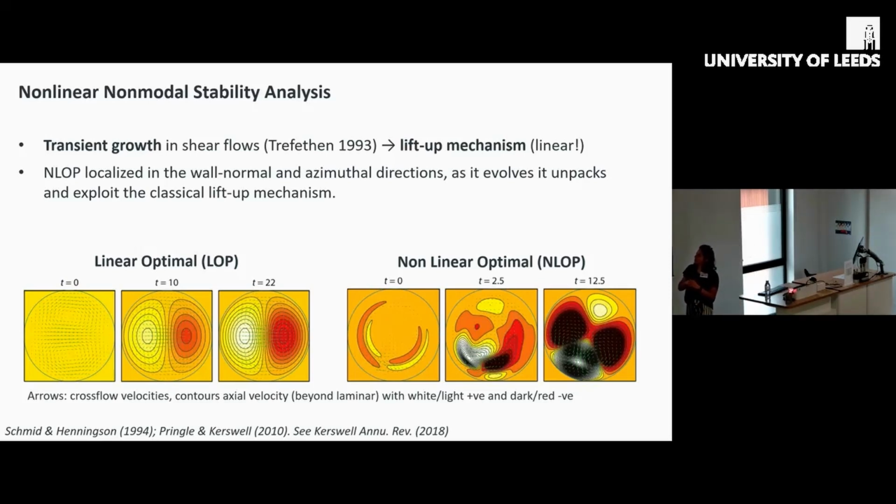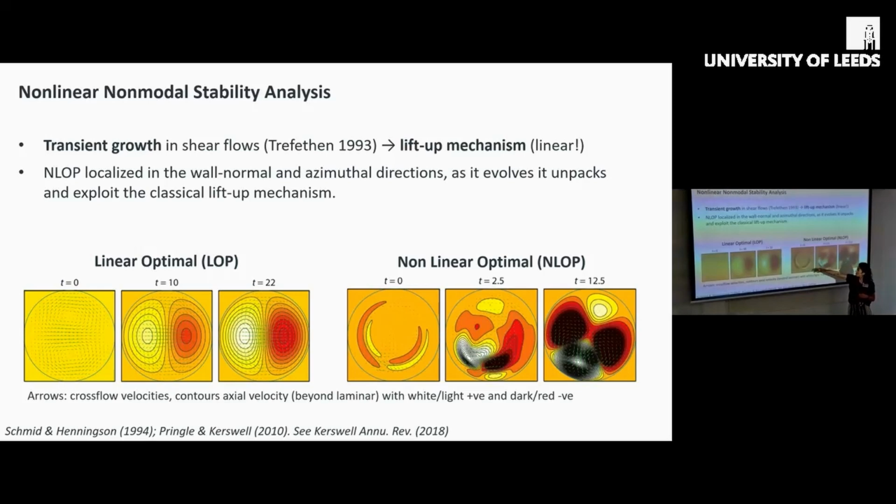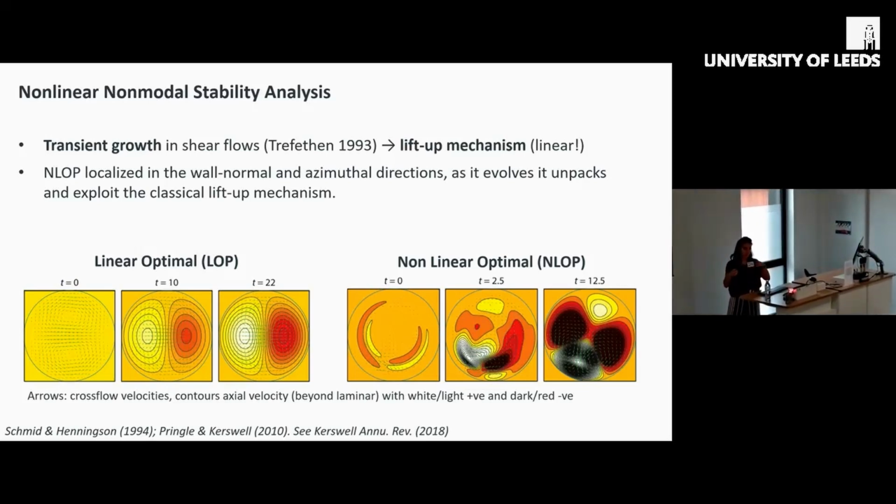In this case, it is localized both in the wall-normal and azimuthal direction, and initially comprises both streaks and vortices. And then it very rapidly unpacks through the Orr mechanism, and then also takes advantage of the lift-up mechanism as well.